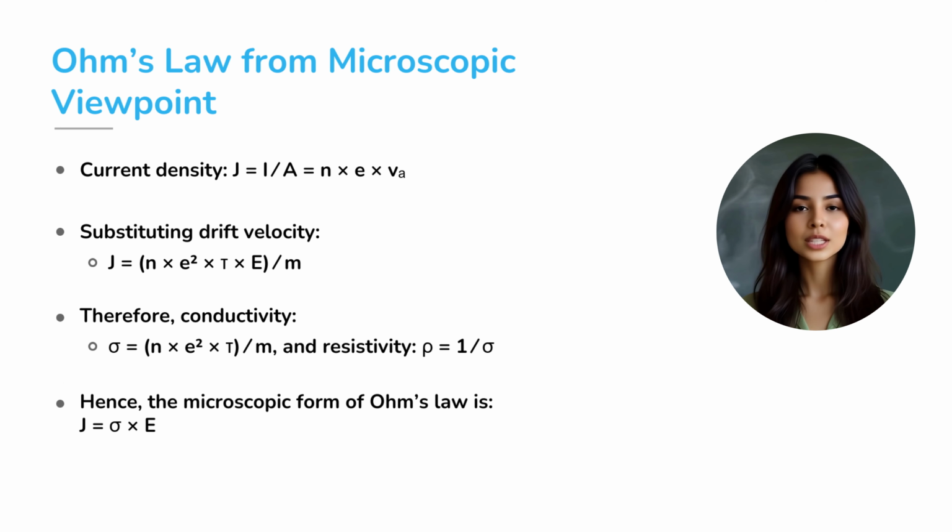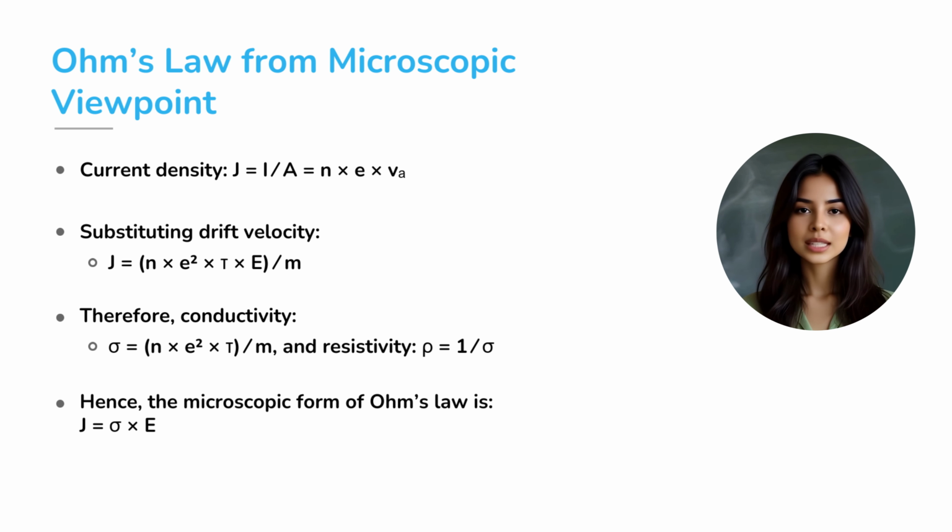Now comes the magic. Let's derive Ohm's law from this microscopic viewpoint. Current density, which is current per unit area, is given by J equals I divided by A, which equals n times e times V sub d. Now substitute the formula for drift velocity. V sub d equals minus e times E times tau divided by m.